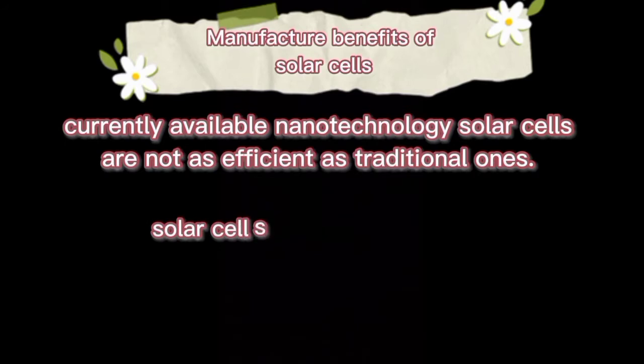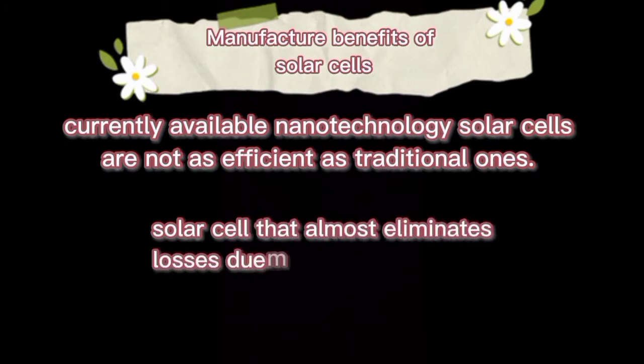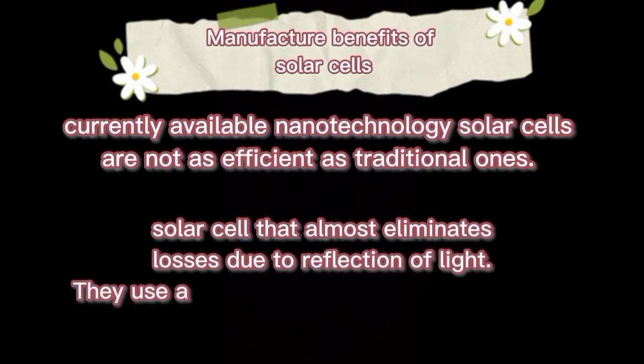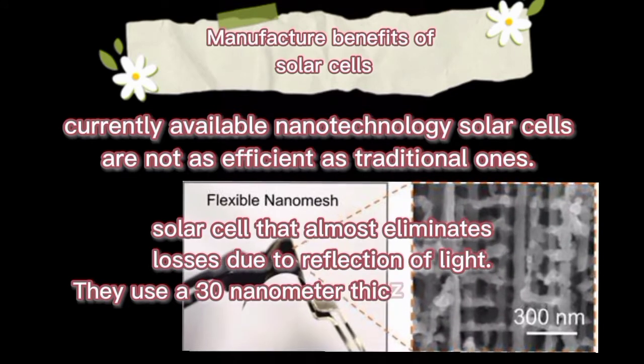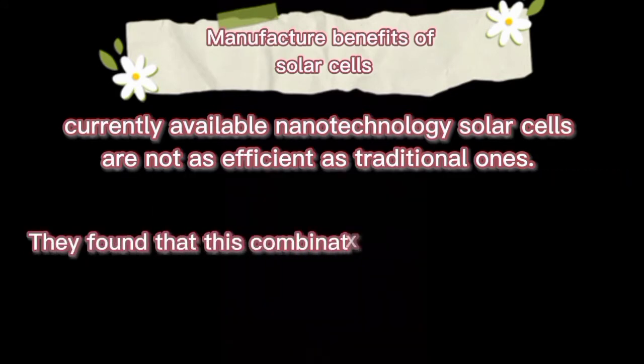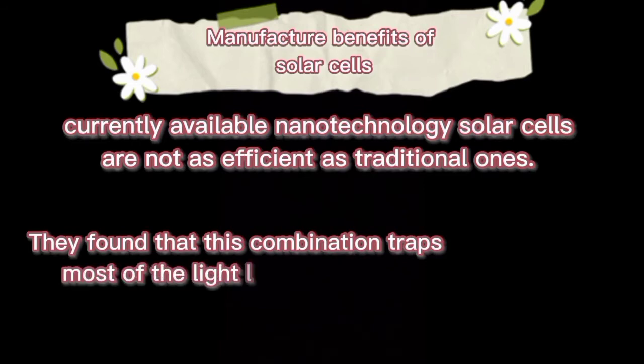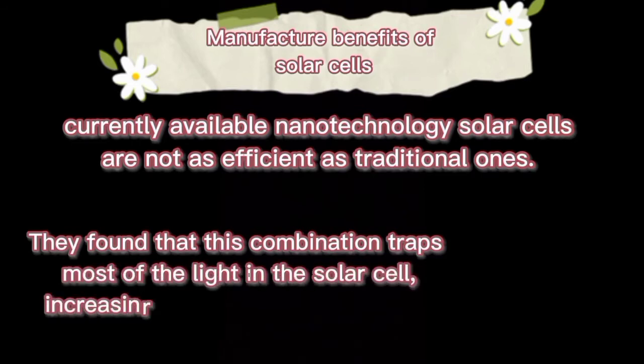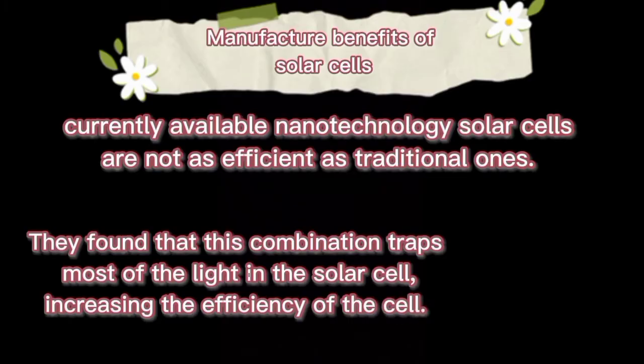Researchers at Princeton University have developed a solar cell that almost eliminates losses due to the reflection of light. They use a 30 nanometer thick gold nanomesh. They found that this combination traps most of the light in the solar cell, increasing the efficiency of the cell.